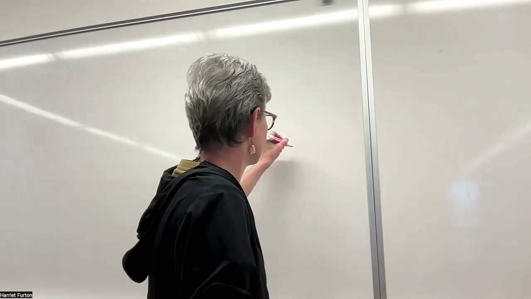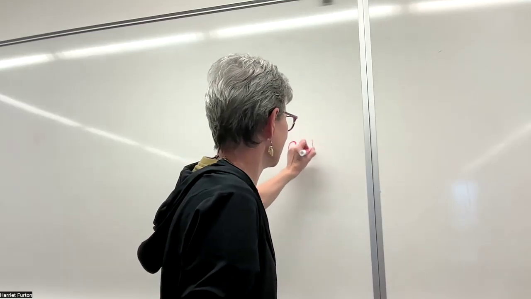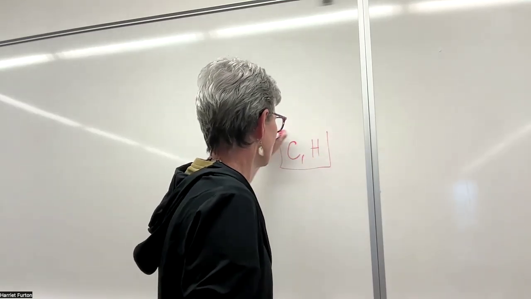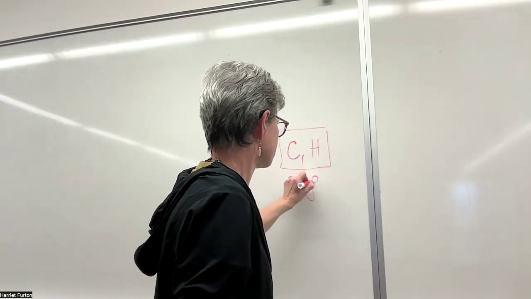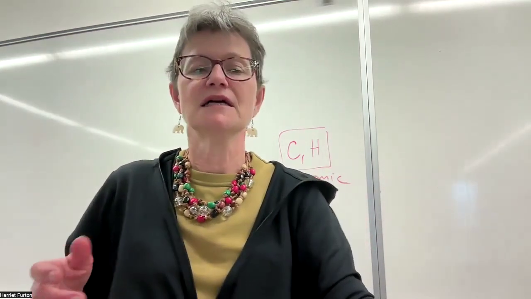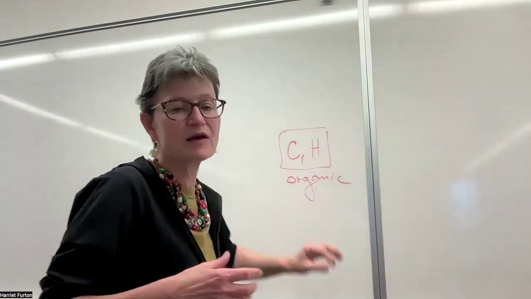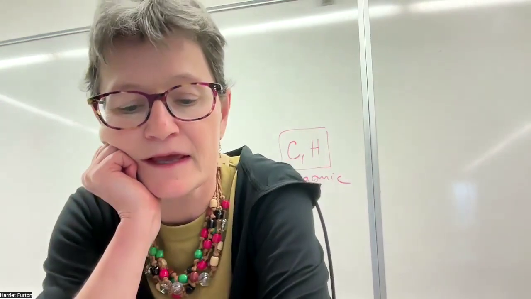We call a molecule organic if not only carbon is present in the molecule, but also hydrogen. That is organic. Not the organic you buy in the marketplace, but this is dealing with life.